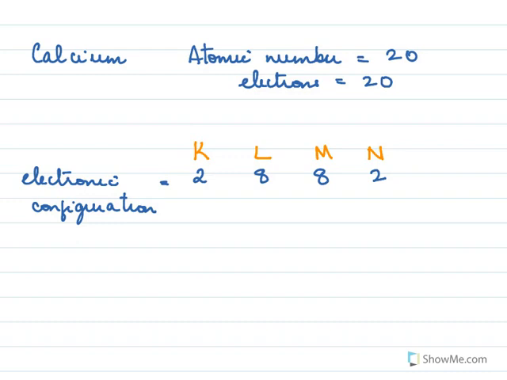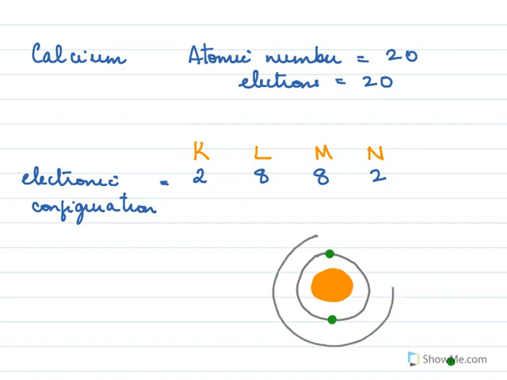So here is the nucleus. We'll have the first shell. In the first shell there will be 2 electrons. Then you'll have the second shell. In the second shell you'll have 8 electrons. Then there will be the third shell.